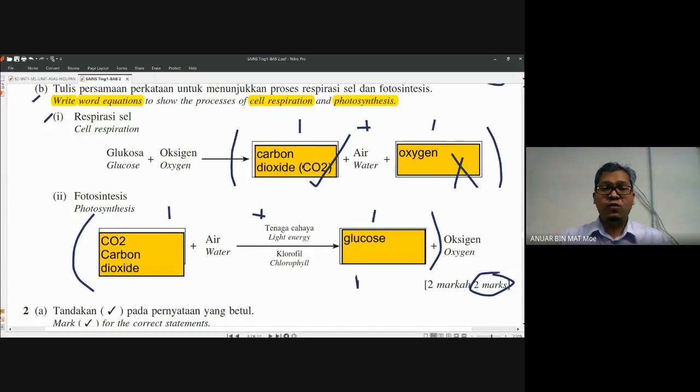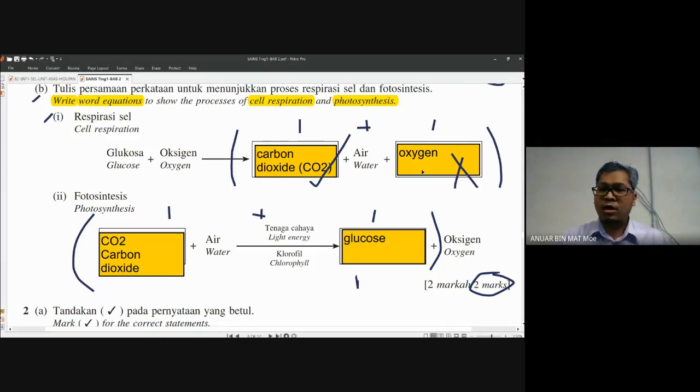Although your first answer in question B1, carbon dioxide, is correct, for the second answer of the same question you wrote oxygen, which is wrong. This is what we call wrong cancels the right. A wrong answer will cancel the right answer.